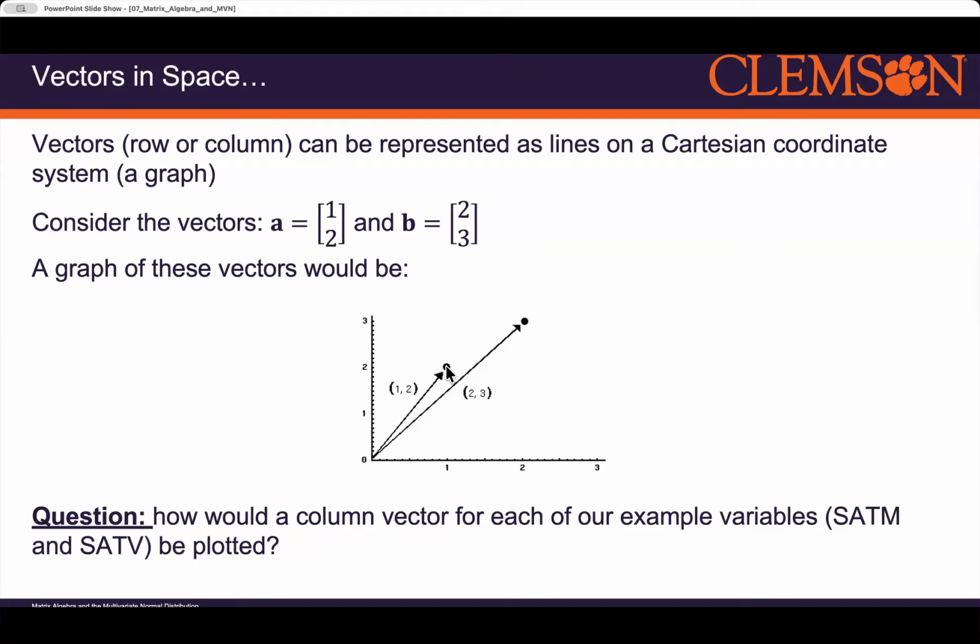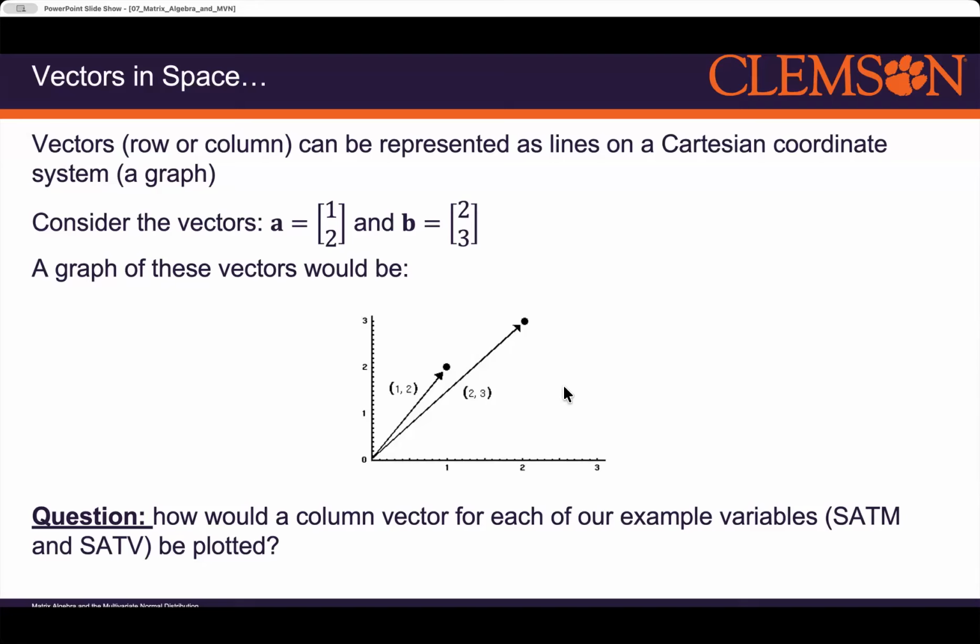It was a graphing task. I remember doing this way back in elementary school. What we're talking about a vector being is a line that starts at the origin, at 0 in each dimension, and terminates at the dot where that value is stored. So if we think about it that way, this gives us a geometric representation of our numbers.